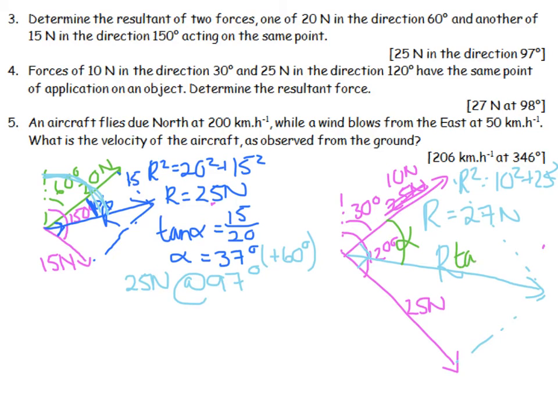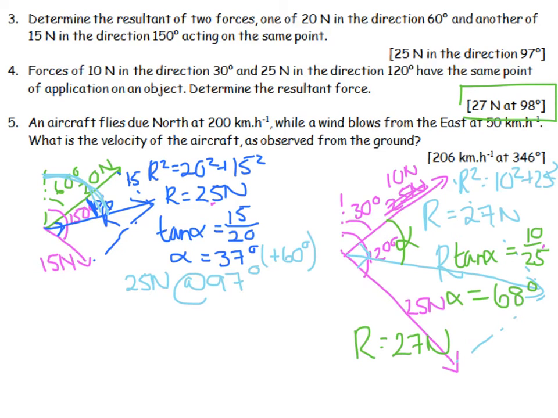So I say tan of alpha is equal to opposite side. Opposite side is 25, adjacent side is 10. And I land up with alpha being equal to 68 degrees, added to 30, and my resultant is 27 newtons at 98 degrees.